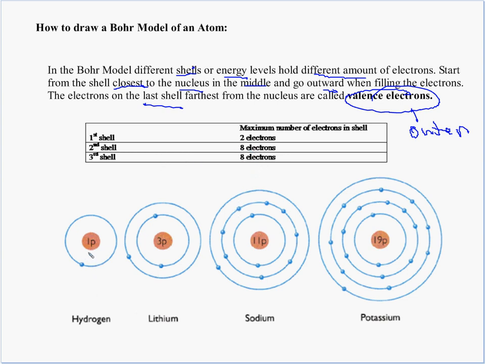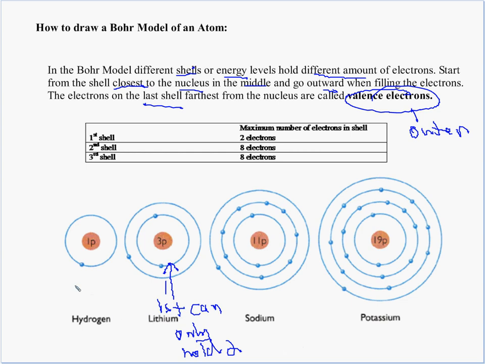So here hydrogen only has 1, so it has 1. Okay, so lithium, the first can only hold 2, so it adds the third one out here. Same thing here. The second has 8, so the third one. And then the third one has 8, so the fourth one has to go outside.